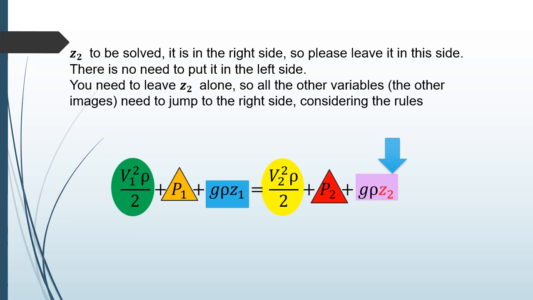We can see that the yellow circle and the red triangle are adding to the purple term. So if they are adding, they go to the other side by subtracting.